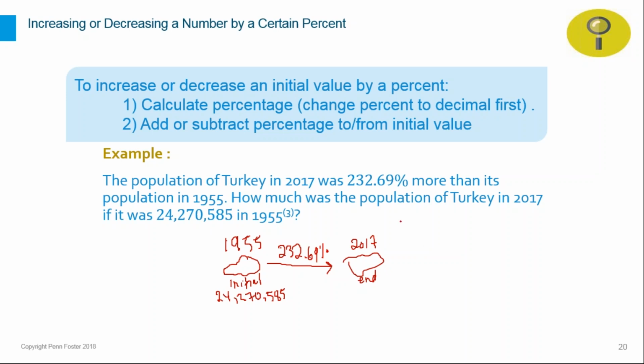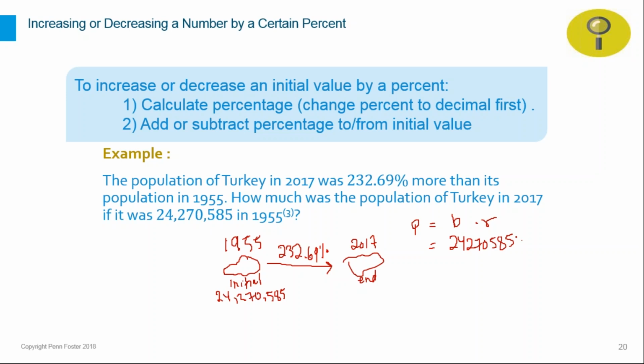I'm going to use the old formula that we have been using in the beginning. P, the percentage, equals B times R. In this case, B is the population back in 1955, which is the huge number there, 24,270,585, times the rate.